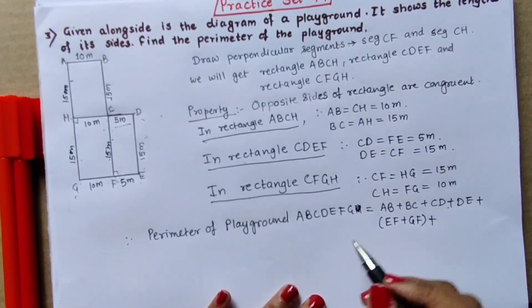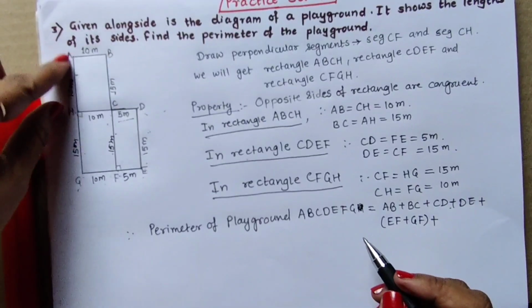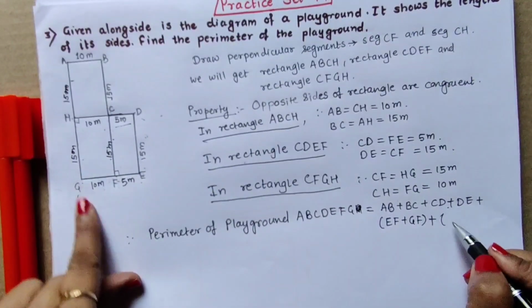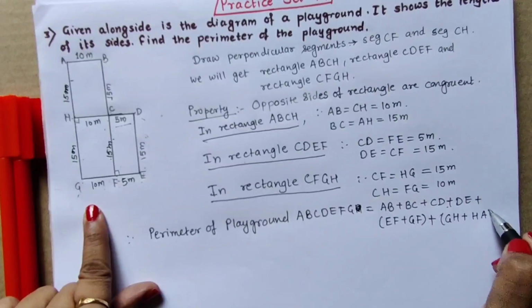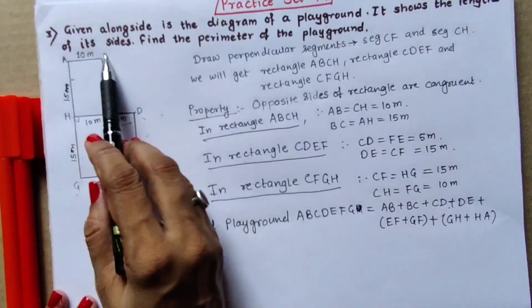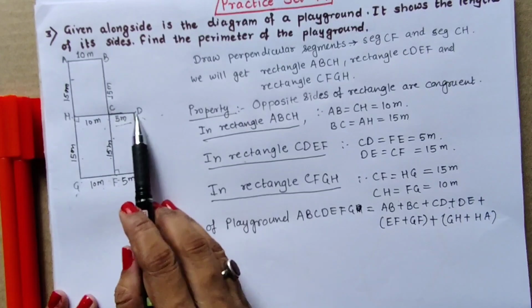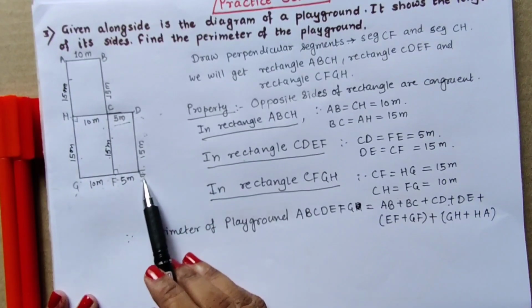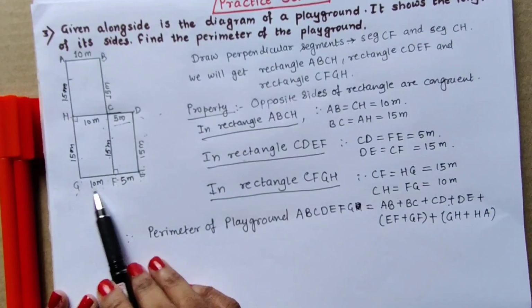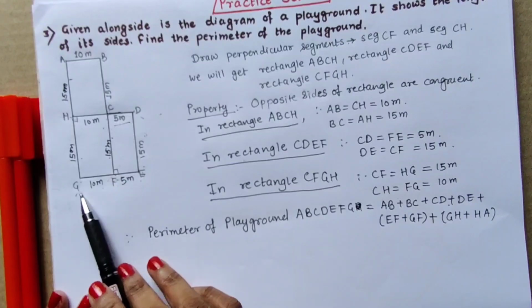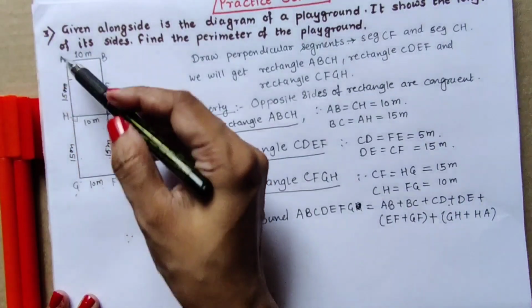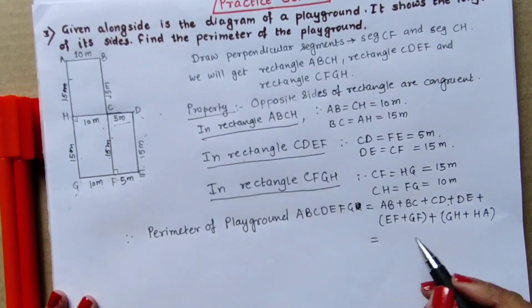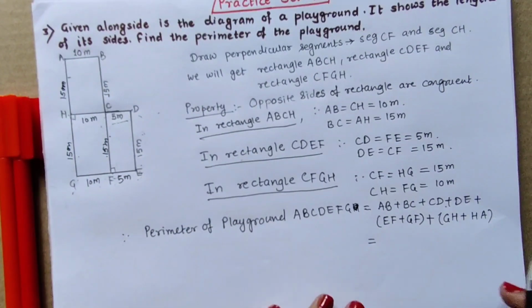Now next, this full AG means GH plus HA. In this way we have added all the sides: AB plus BC plus CD plus DE plus EF plus GF, because this full side is made up of these two small segments, and then this full side is made up of these two segments. So now write all the measurements and then add.